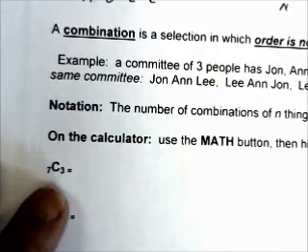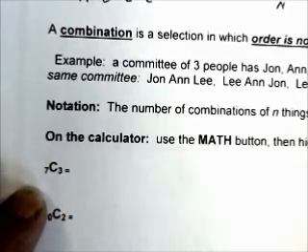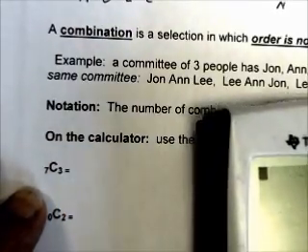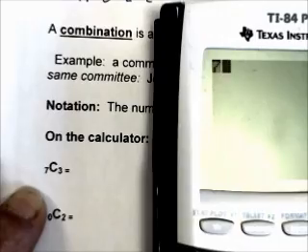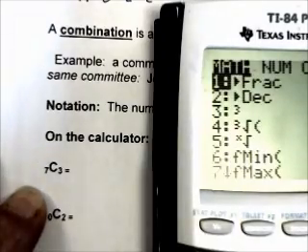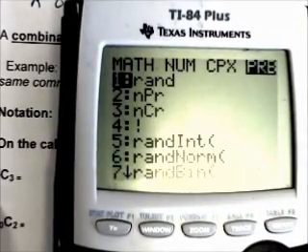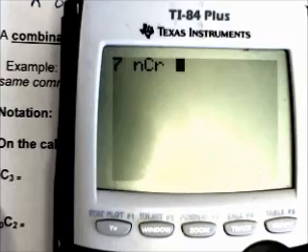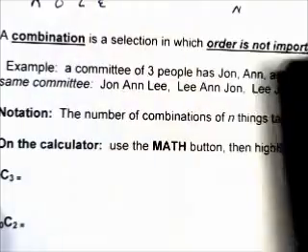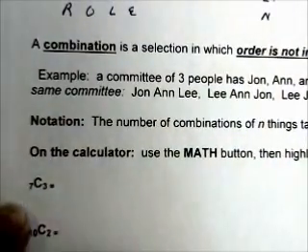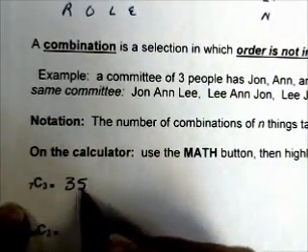Combination of 7 things taken 3 at a time, or 7C3. 7, math, probability, option 3. This is 7 choose 3. It is 35.